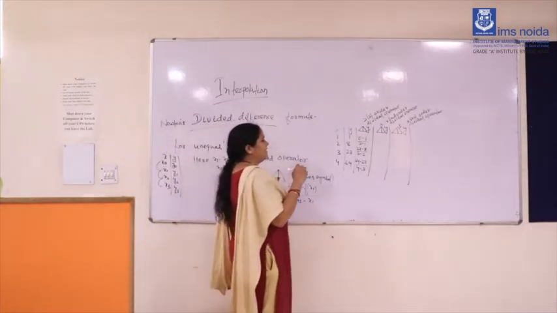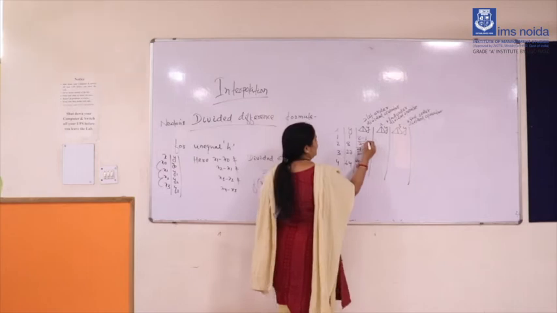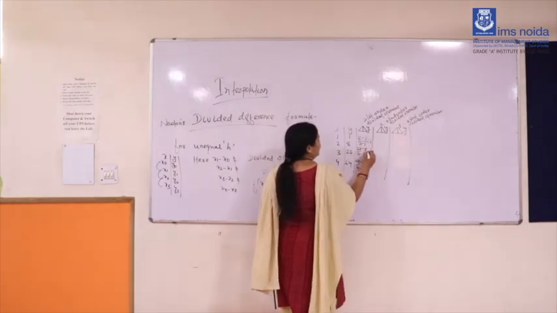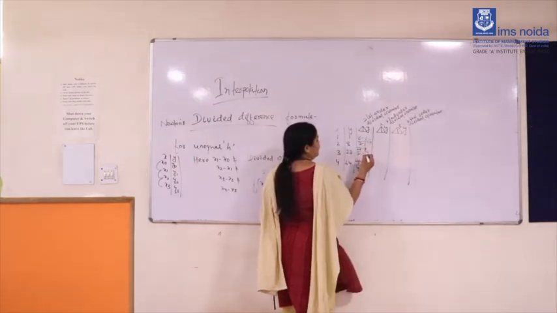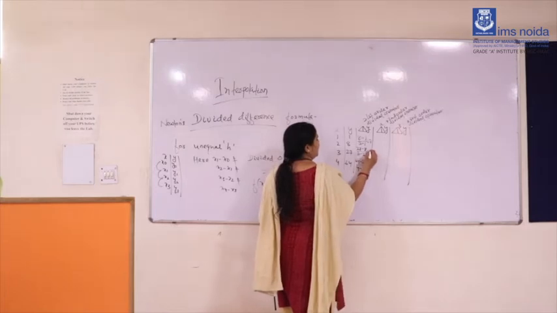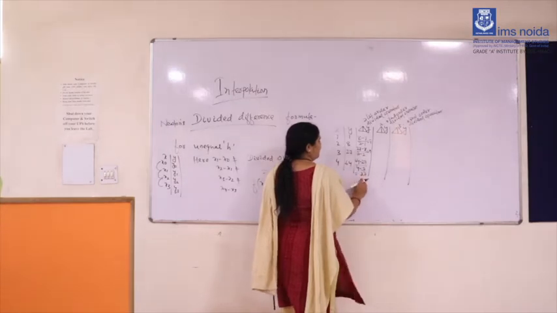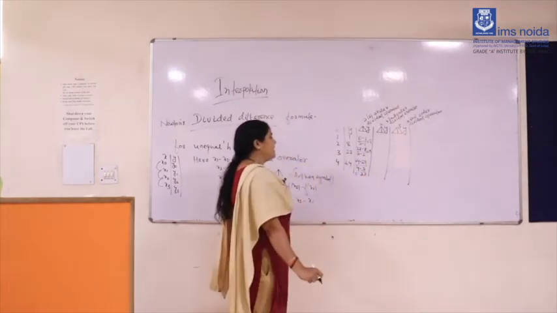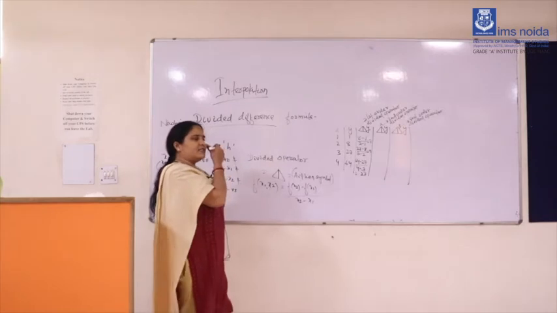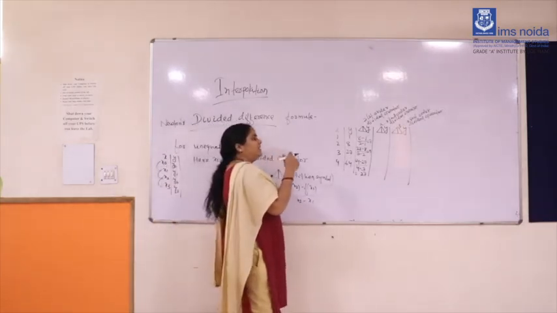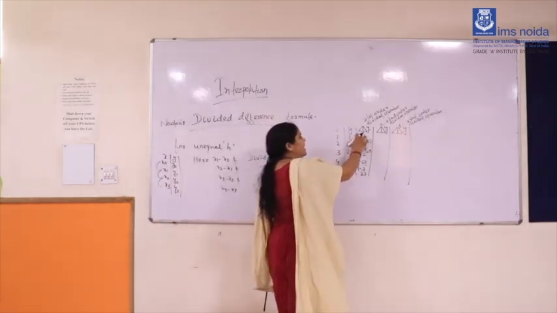Now you can calculate: 7 by 1 is 7, 27 minus 8 is 19, 19 by 1 is 19, and 37 by 1 is 37. This is your first order divided operator, symbolized as Aitken y.